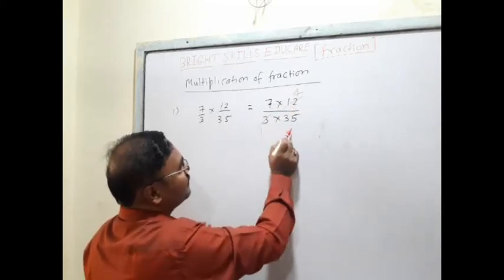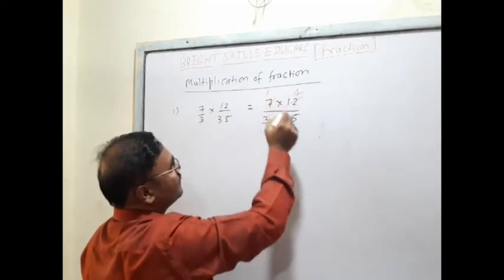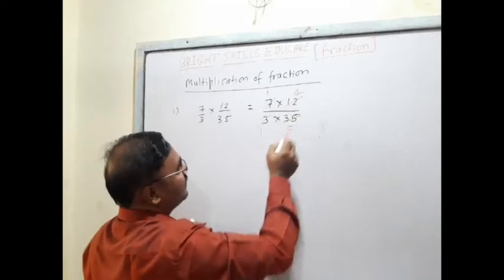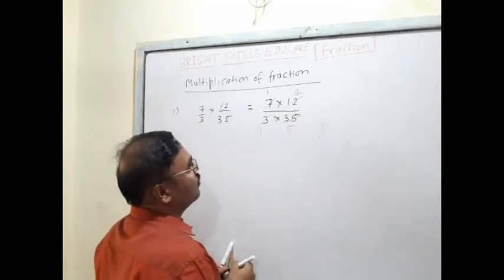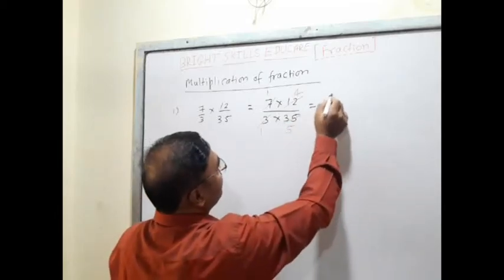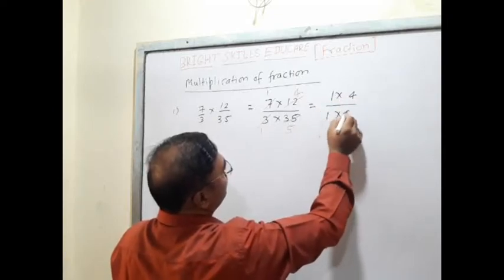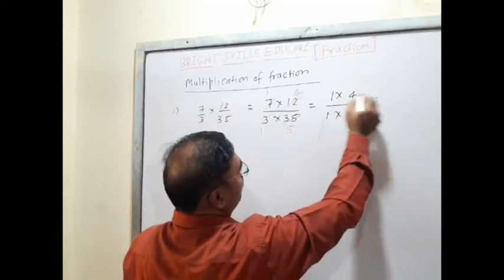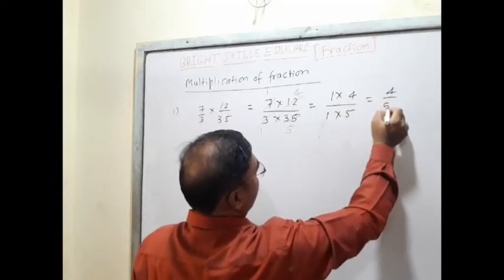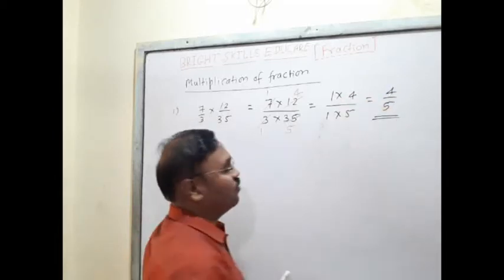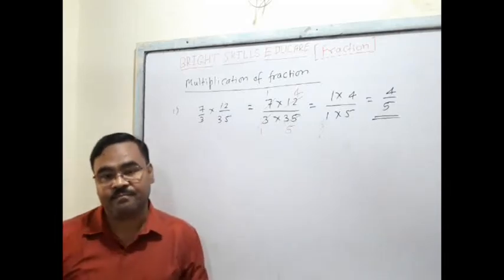And here 7 and 35, 7 1s are 7 and 7 5s are 35. So what are we getting? We are getting 1 into 4 upon 1 into 5. So 4 1s are 4 and 5 1s are 5. So the result came 4 upon 5.